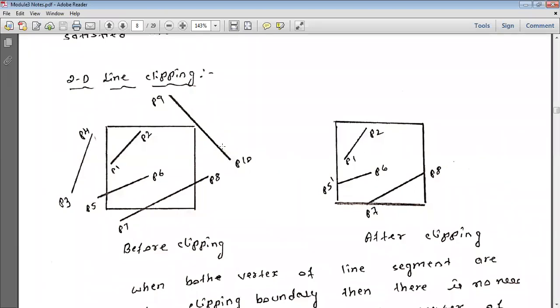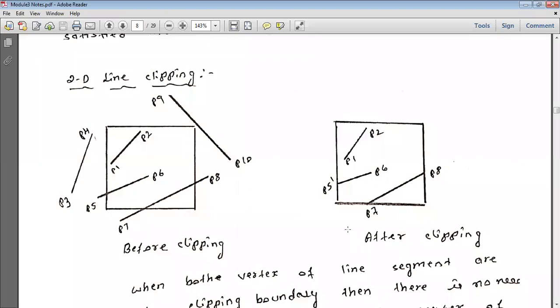How to instruct my computer to retain the complete line inside, how to instruct it to delete the complete line, and how to instruct it to retain only the specific part of the line which is inside and delete the outside part. First step is how to make my computer identify which line is completely inside, which line is completely outside, and which line is partially inside.